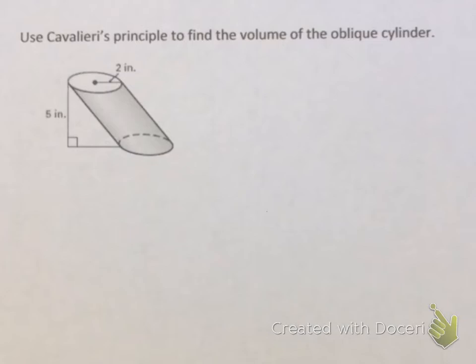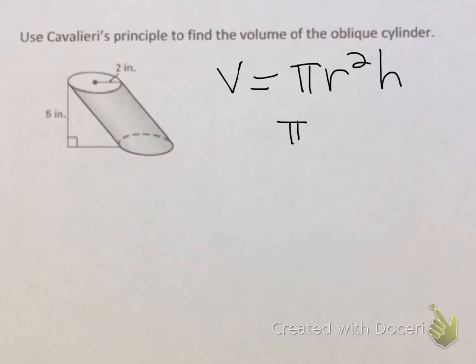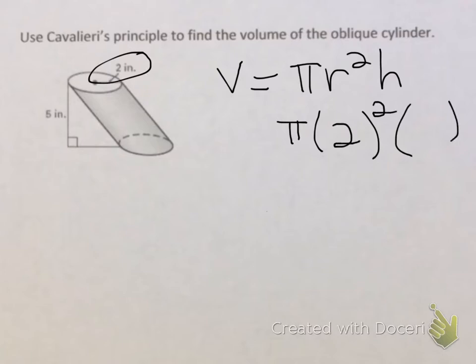One more problem here using Cavalieri's principle. Again, we just need the volume formula for a cylinder, and that's pi r squared h. We know pi is 3.14. We're going to do the radius, which is given to me right here. It's 2. We're going to square that and then times it by the height. So we're just going to use this height right here. This would be called the slant height, and this would just be the height.